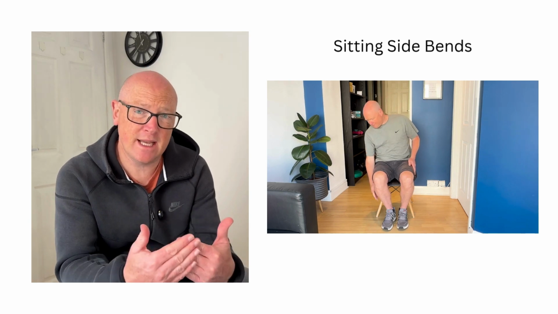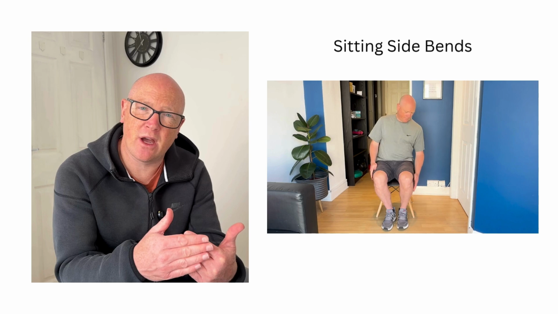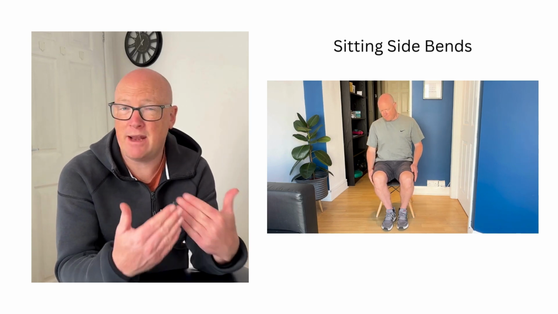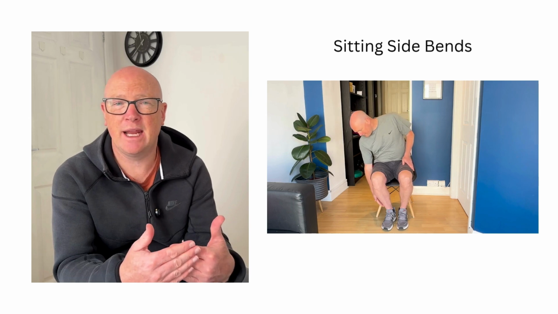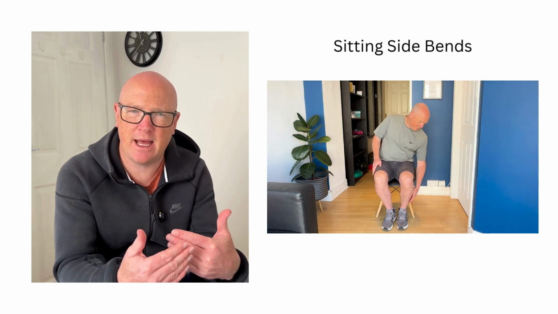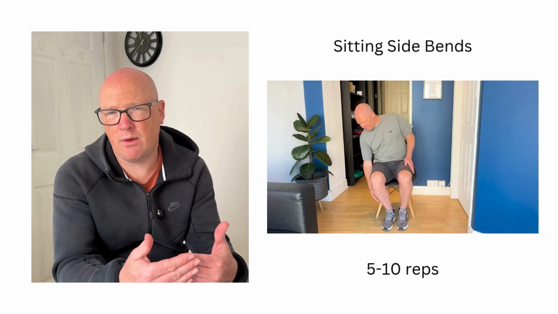But first of all, in sitting. So we were going to sit down and slowly take one arm down the side of the leg and then move to the other side. And this meant that we were doing some side bends, but in a slightly more open position that allowed that mobility to take place. Again, 5 to 10 times each side was enough to help to mobilise that lower back.